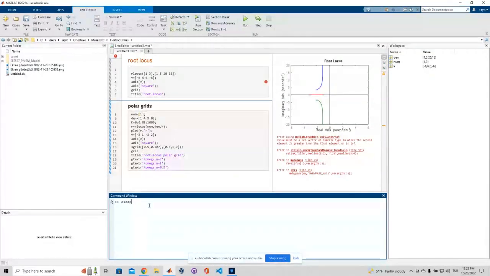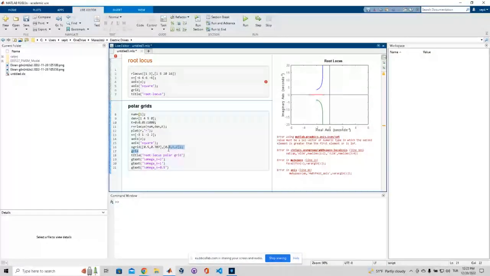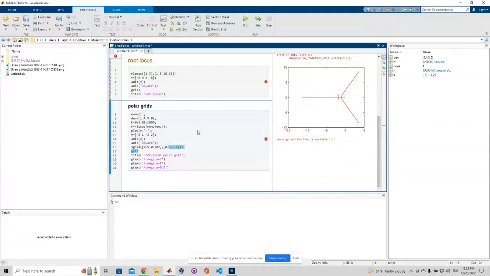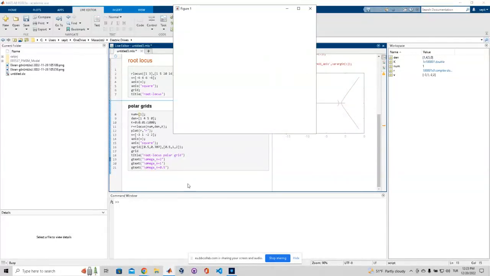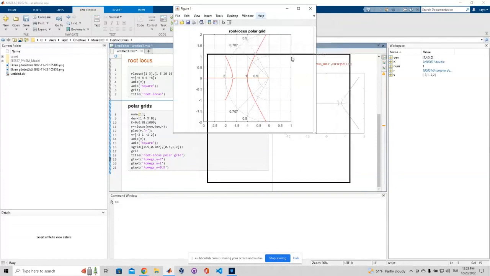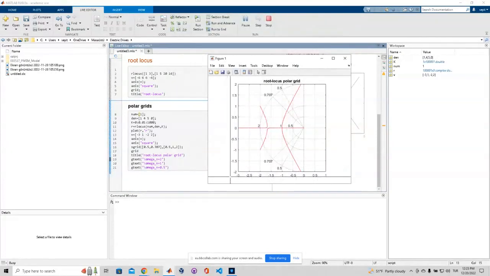Okay, let's first clear it. And then we can run the section. Yeah. Axis C. And axis B. Yeah, this is root locus polar grid.